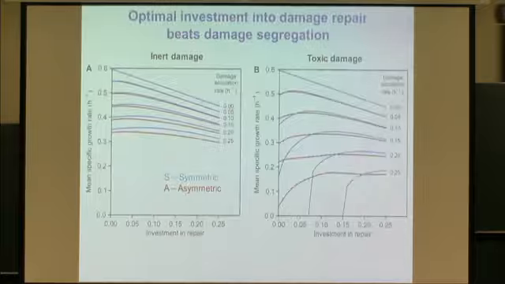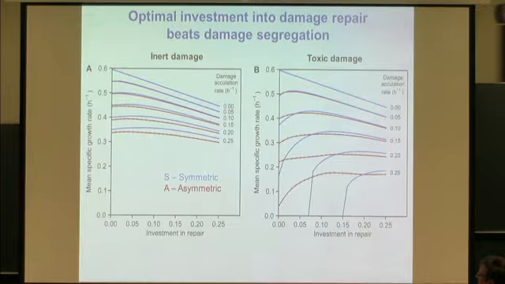I don't have much time, so I only show one slide of results, which really summarizes this all. If you first look at inert damage, you can see that symmetric cell division, so no damage segregation, is always better than asymmetric division.